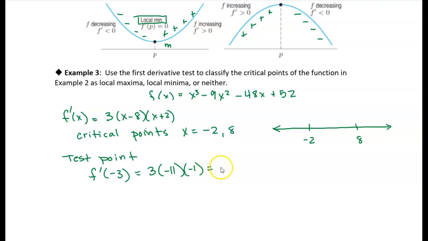So I get a positive 33 when I multiply that out, because a negative times a negative is a positive. That's greater than 0.